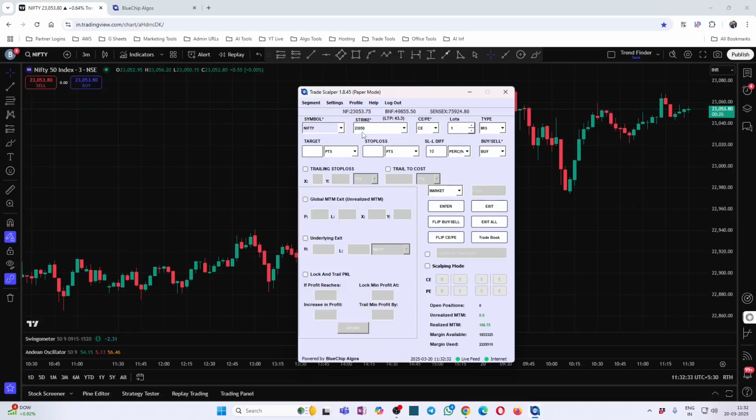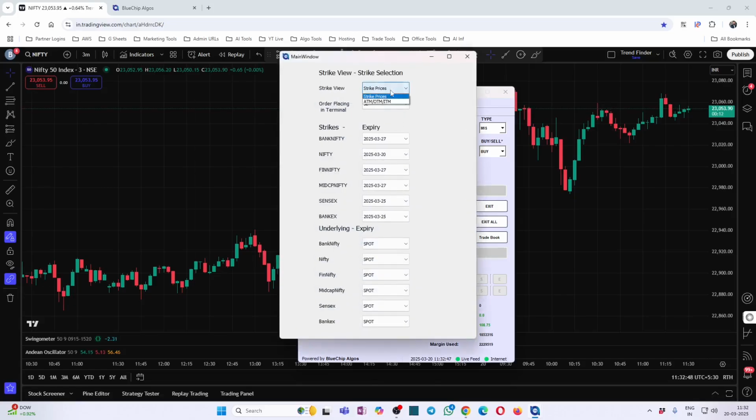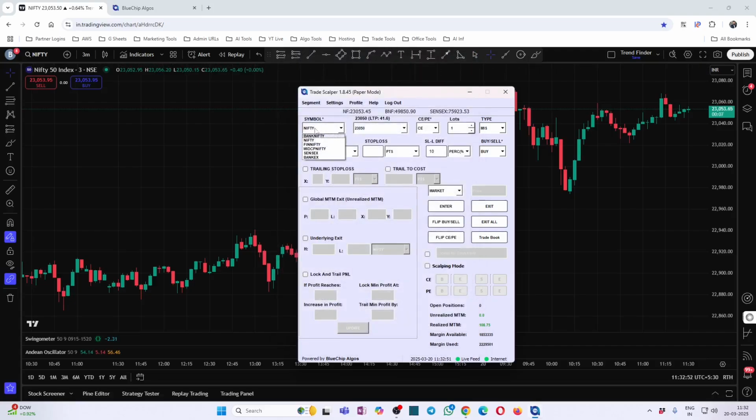It's a very painful process to come and pick the ATM every time and then trade, because you never know when the ATM gets changed. It might change next minute or 5 minutes after, or even after 1 hour. So what we have done is we have given an option for you to choose ATM, ITM, OTMs directly. Just select that and change the signal once, for any symbol that you want.